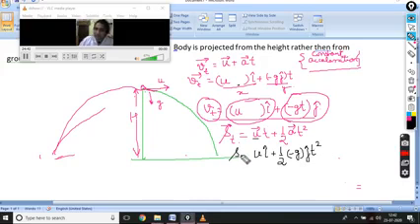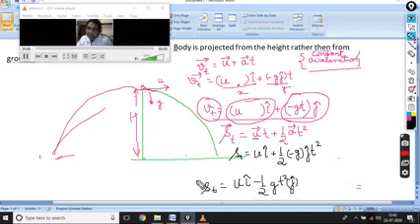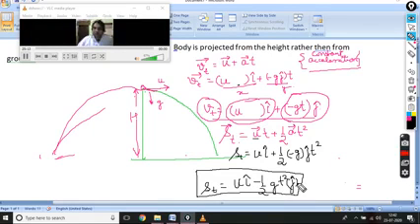This is your St. So St comes out to be ut i minus half g t square j. So the displacement of the body at any point of time is given by this equation. Along i it is ut, along j it is minus half g t square. So you see gradually, look at this equation, the displacement of the body increases along x. The body comes from this point, its displacement increases along x.